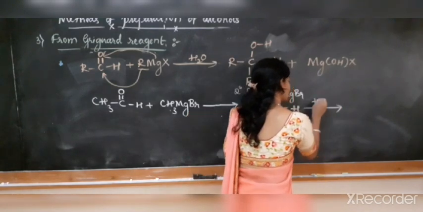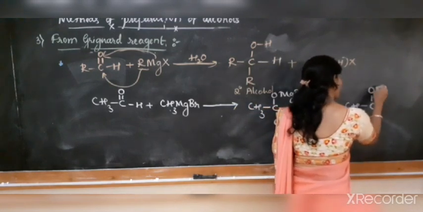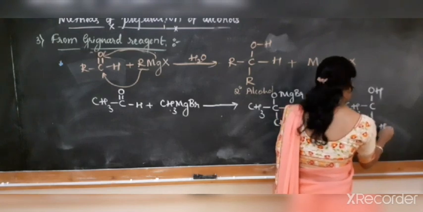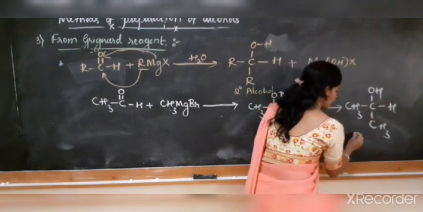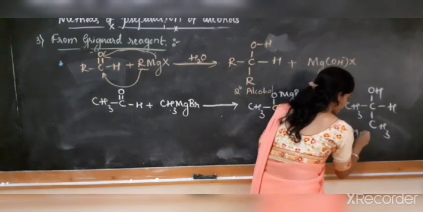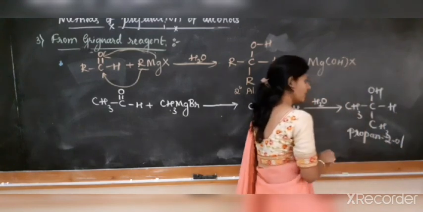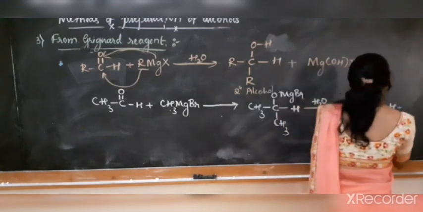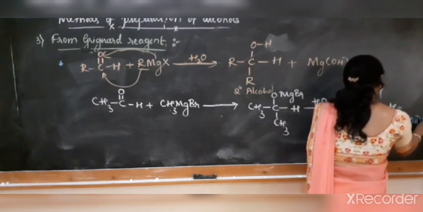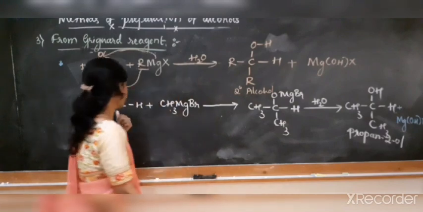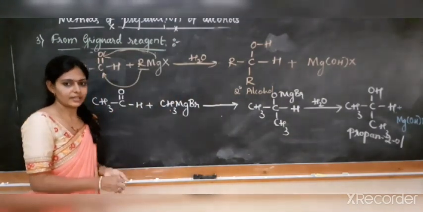This on further hydrolysis results in the formation of CH3CHOHCH3. This is nothing but propan-2-ol. This is the compound, secondary alcohol, and the byproduct is Mg(OH)Br. So when we take an aldehyde other than formaldehyde, we are getting secondary alcohol as a product.